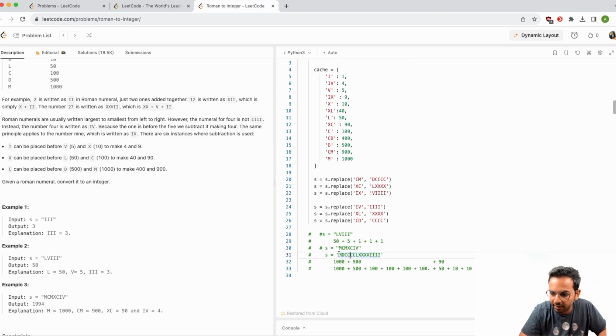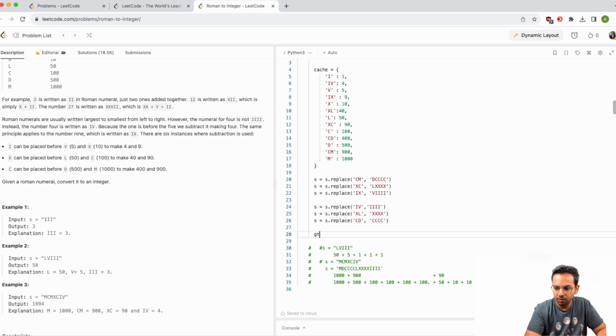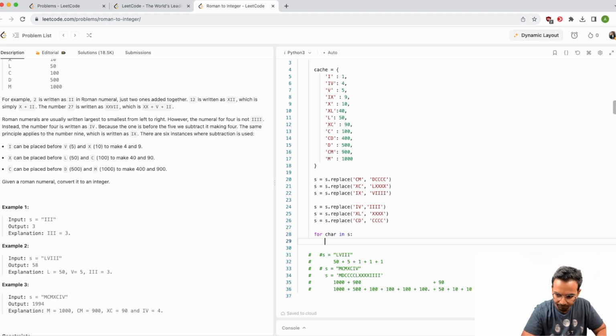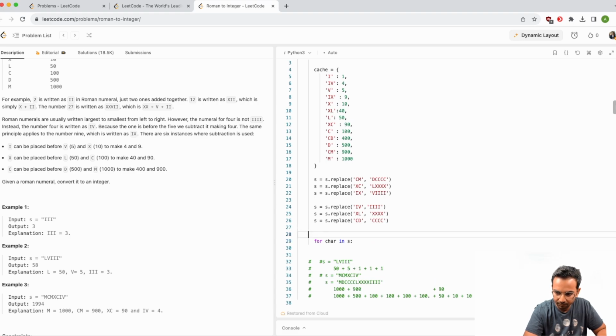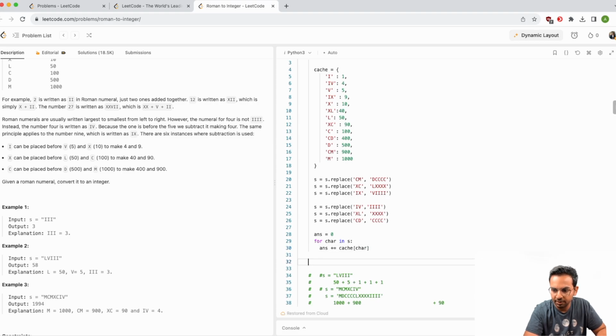Once we start iterating through it, we'll just start adding those up. Simple as that: for character in s, answer equals 0, answer plus equals the value of character from the dictionary. That's pretty much it. Return answer.